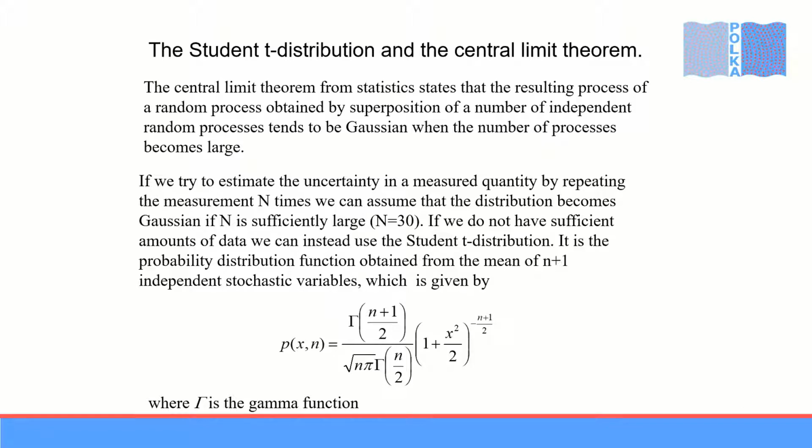And one reason for this is that even if the original process that we are looking at doesn't have a Gaussian distribution, if we take sufficient number of independent data, we will anyway arrive at a Gaussian distribution. But if we have not enough, then the so-called student T distribution is an alternative.